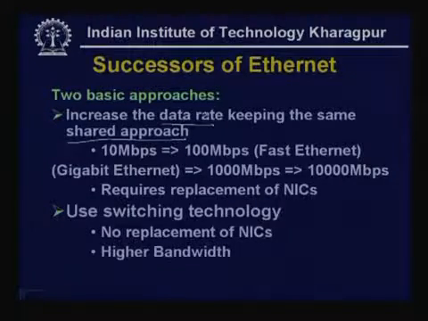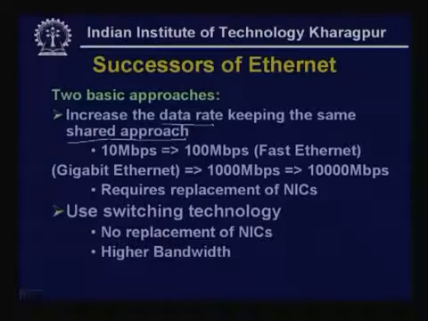As we have seen, in case of 802.3, that is your Ethernet based on CSMA/CD, a shared bus was used for the transmission, or a hub was used, which essentially acts as some kind of shared multi-port repeater, with the help of which data transfer was done.